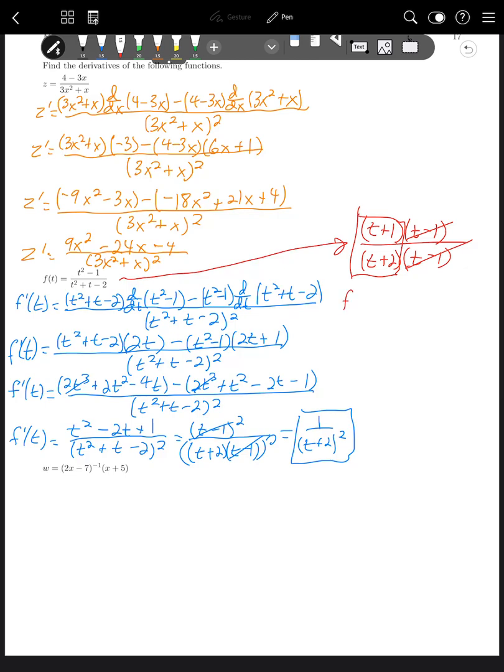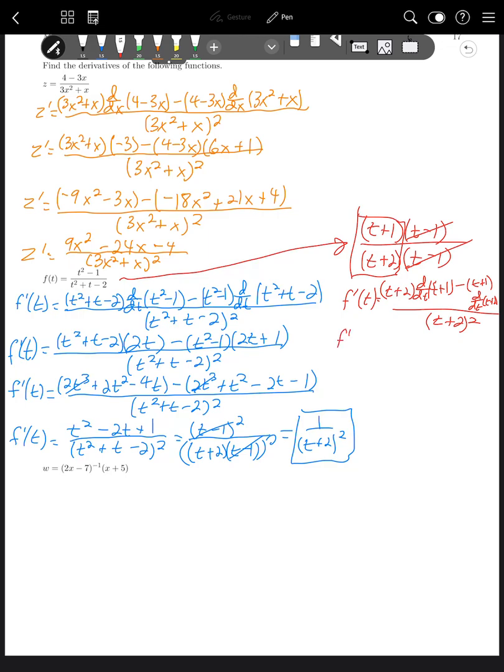Okay, so I could do f prime of t is t plus 2 times the derivative of t plus 1, minus t plus 1 times the derivative of t plus 2, all over t plus 2 squared. And then we just need to simplify.